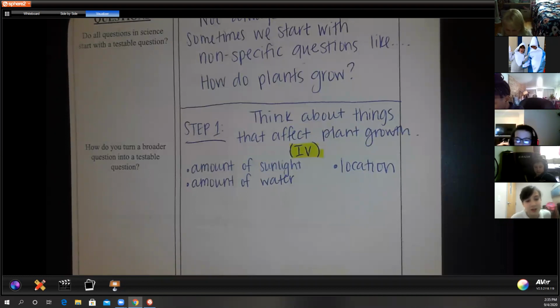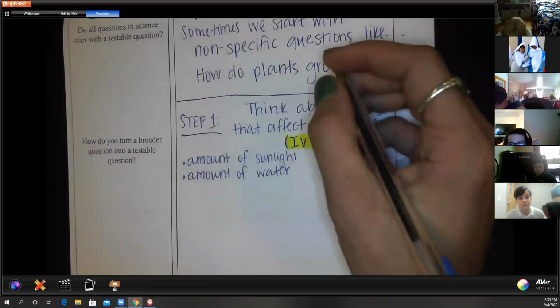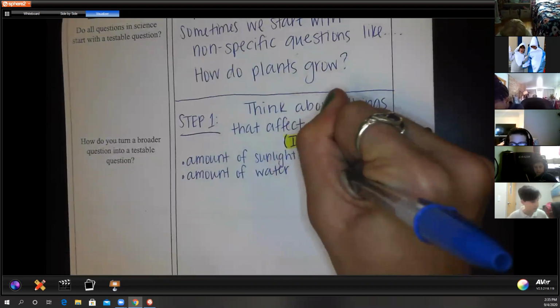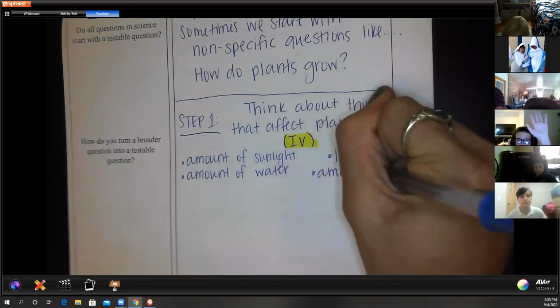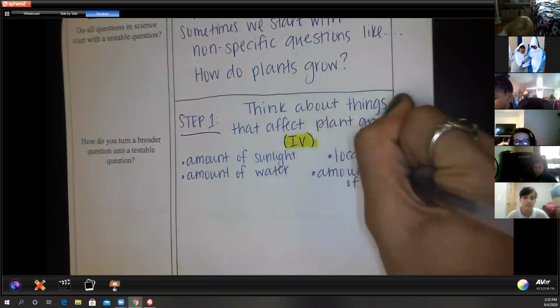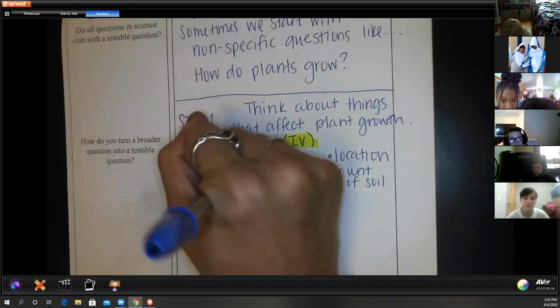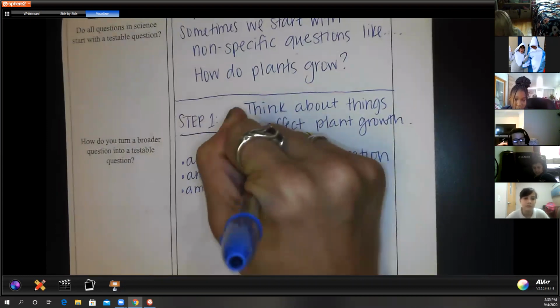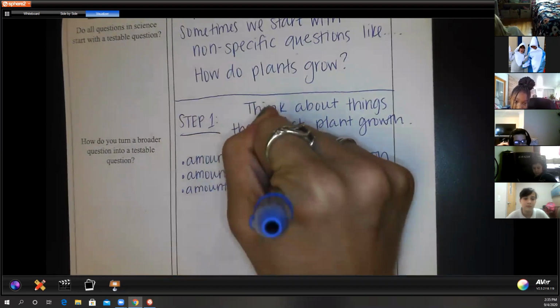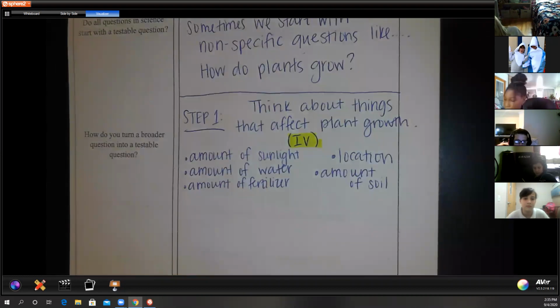I would change maybe the amount of soil it has. The amount of soil? What about you, Sandrick? Amount of fertilizer. Oh, I like that. So the amount of soil, the amount of fertilizer. So, all right, we're just going to keep those 5.